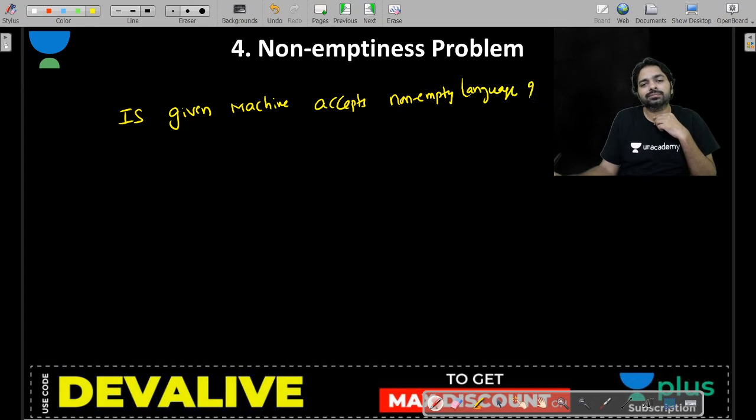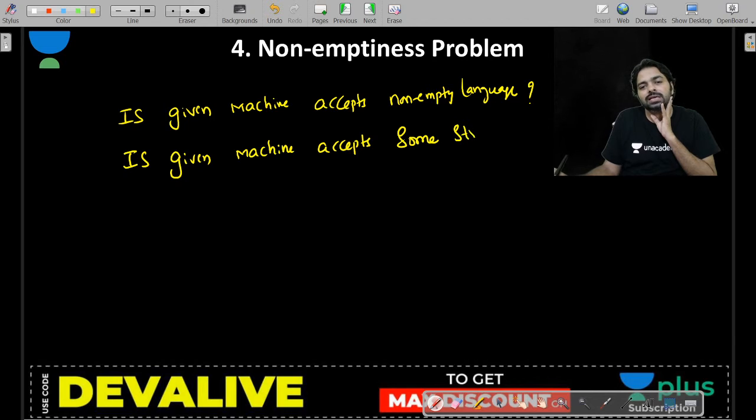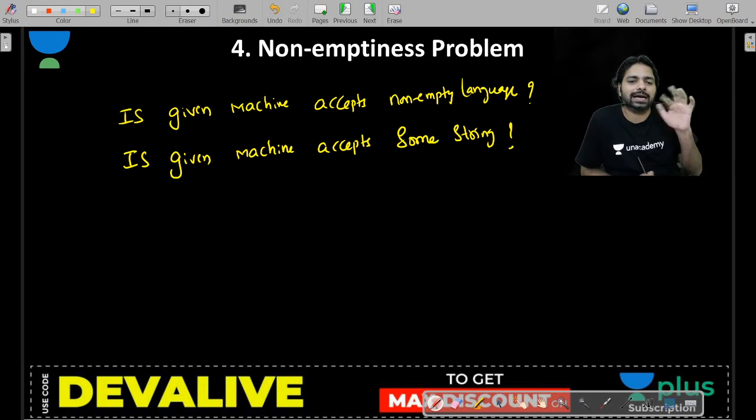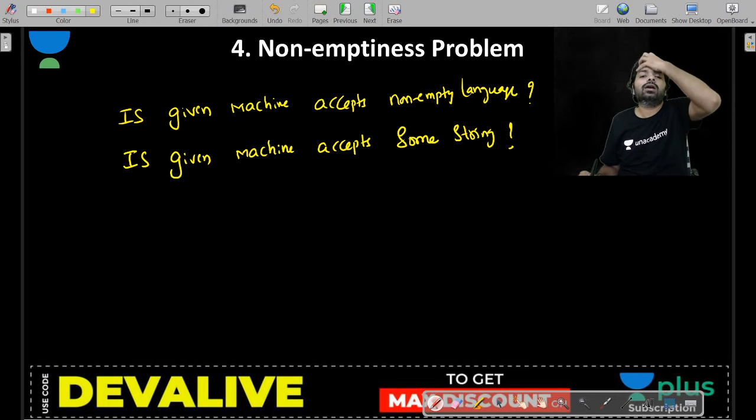Remember that. What is the meaning of that? Another name: the machine accepts something. Some string is accepted, it doesn't matter which. That means the language is non-empty. If you want to prove the language is non-empty, you must show there is something accepted by the given machine, right? This is the non-emptiness problem.